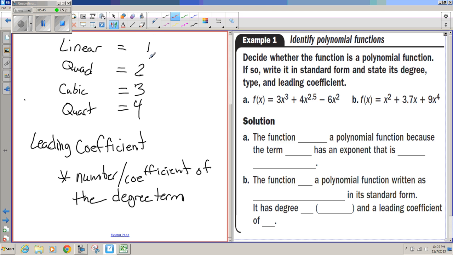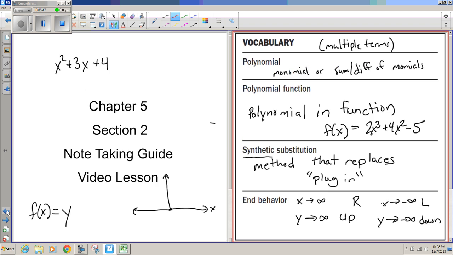Let's go back to the definitions here. Polynomials have nice exponents and variables. That means that at no point will you have an x to the -2. That is not a nice exponent.